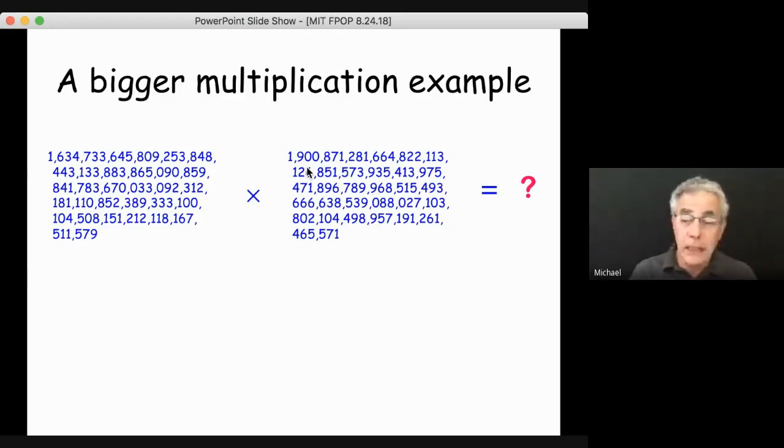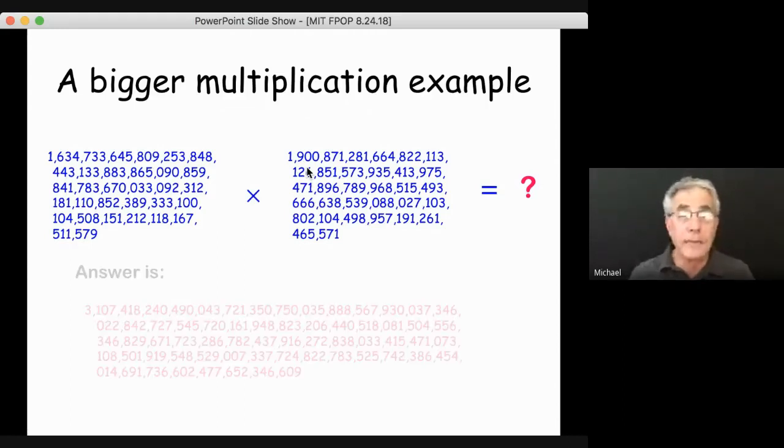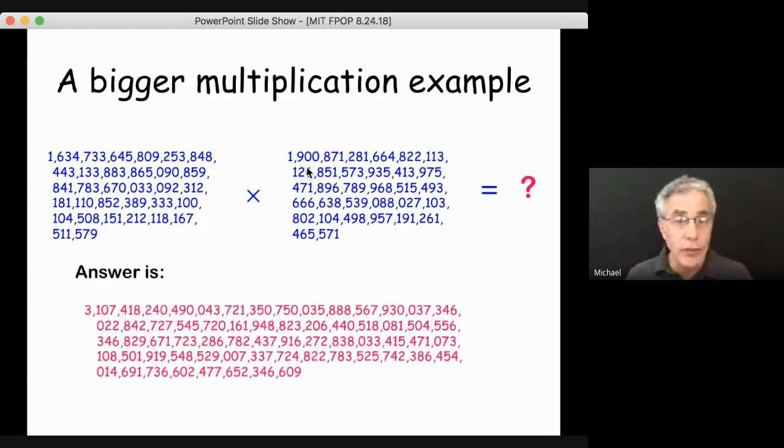Now that's still something one could do. You could take the procedure that you learned in 3rd grade, and you would spend a bunch of time, and you could just go through and do the multiplication. You come up with the answer that I've written in red at the bottom of the slide.